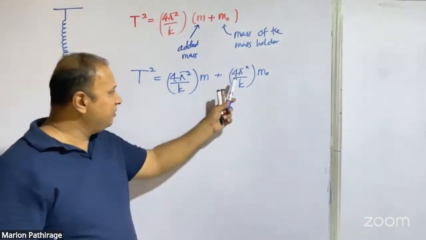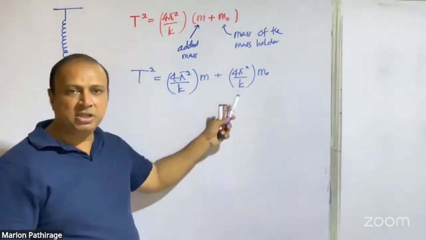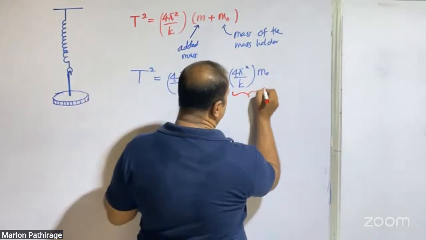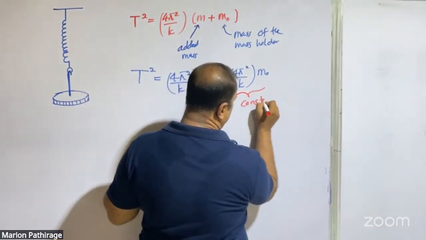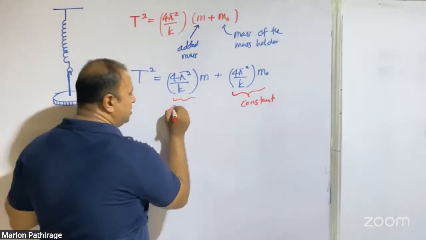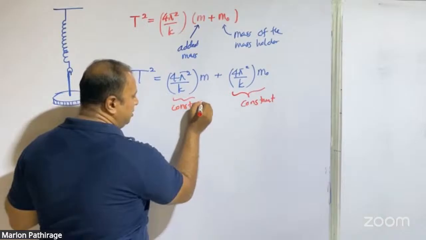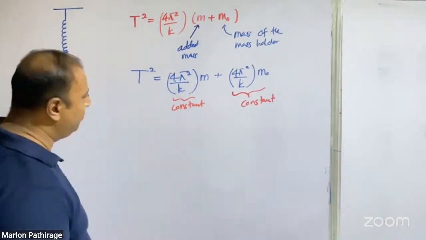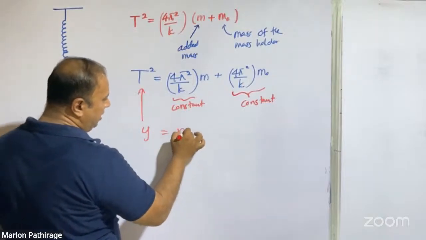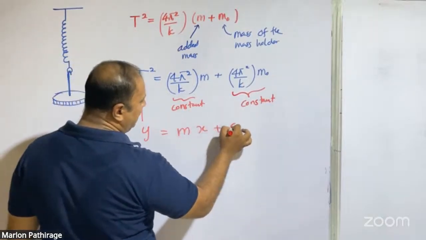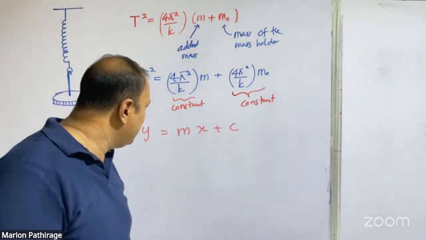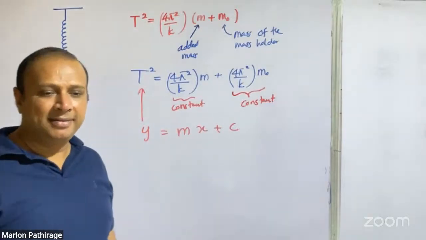Therefore, this term is a constant, and I can write it as a constant. And this term is also a constant. Therefore, this relationship looks like a y equals mx plus c type relationship.